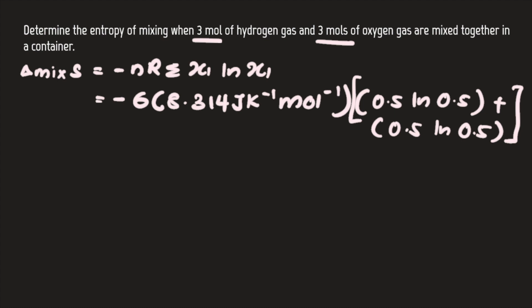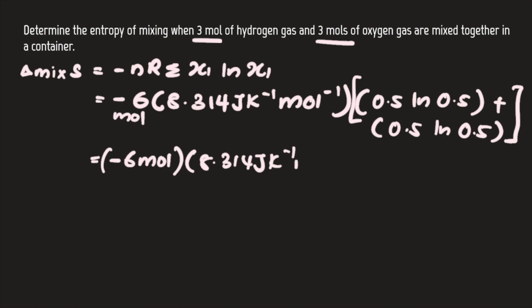In saying that, you will get the value equivalent to negative 6 mole, because this is the number of mole, then you need to times 8.314 joule per Kelvin per mole. And then this one is equivalent to negative 6.9314 times 10 to the power of negative 1.